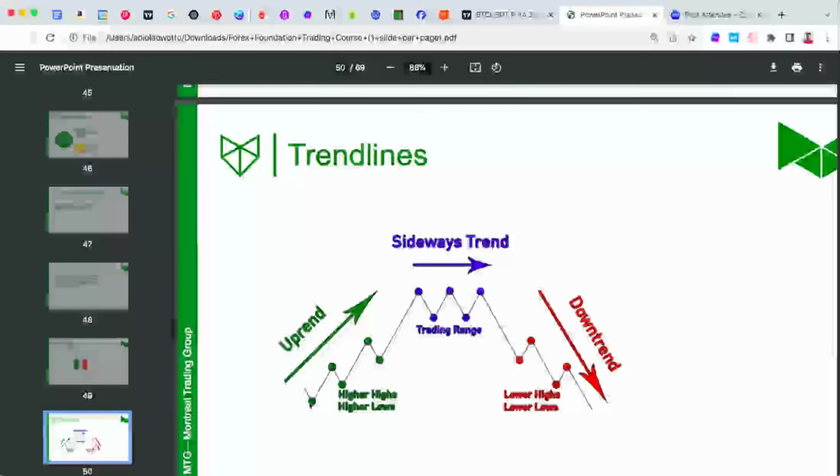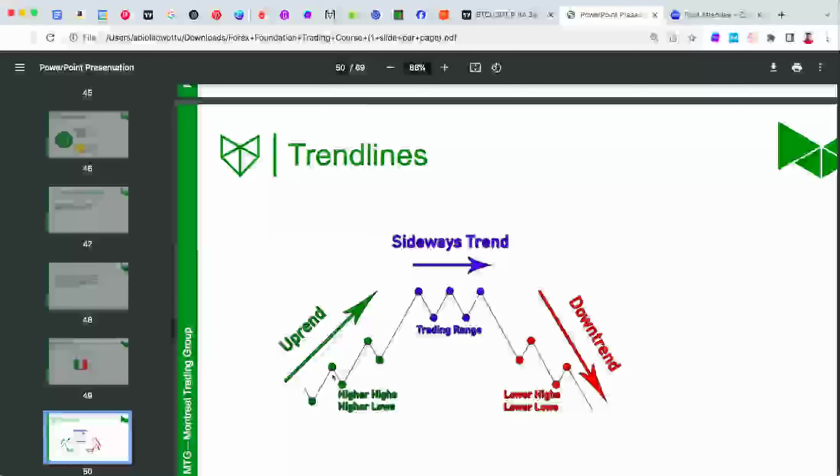If price opened around here and then came here and moved back, because the market doesn't move in a straight direction, it moves in waves. Now you would see a higher high here and a higher low. We'll get to talk about how you can determine what a higher high is, what a higher low is, and all of it.